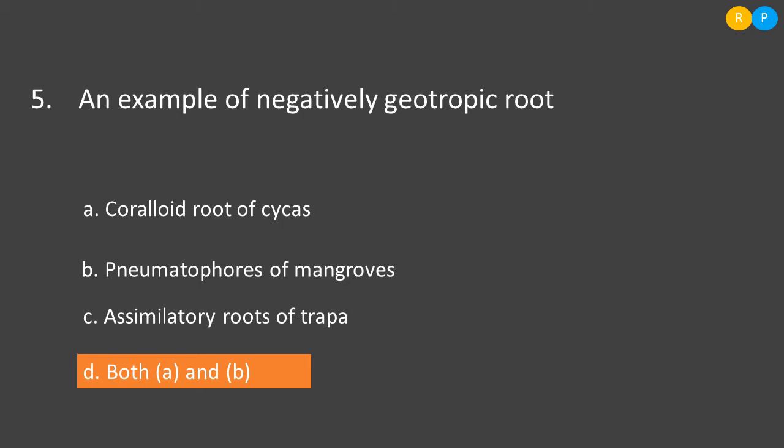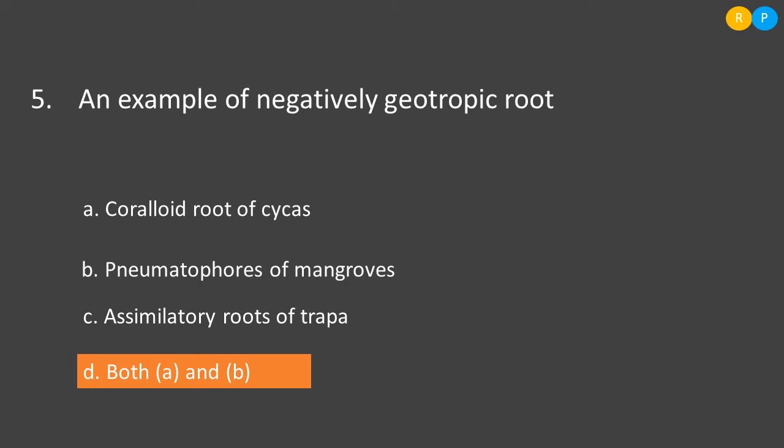Mangrove plants are habitats of seashores. On the seashore, the roots do not get a sufficient amount of oxygen, because the soil contains salt, which obstructs the supply of oxygen to the roots. So the roots grow vertically upward and are exposed to the atmosphere, and from the atmosphere the roots absorb oxygen.